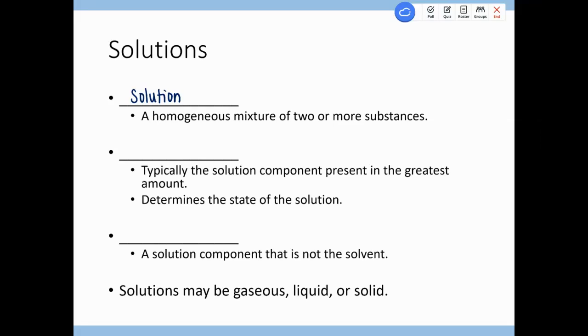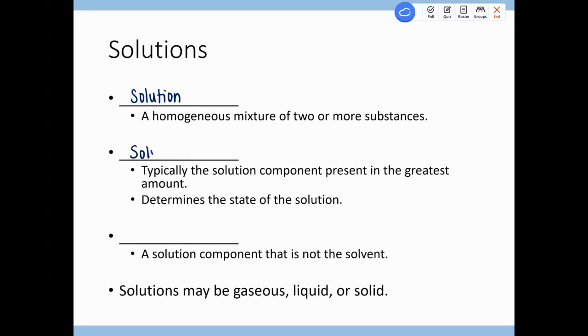So it is made up of more than one substance mixed together so that we cannot perceive the difference between the substances. It looks like one, which means that what is dissolved in the solvent, so we'll talk about the solvent in a second, is evenly distributed throughout. So it appears as one, but it's actually a mixture, a solution.